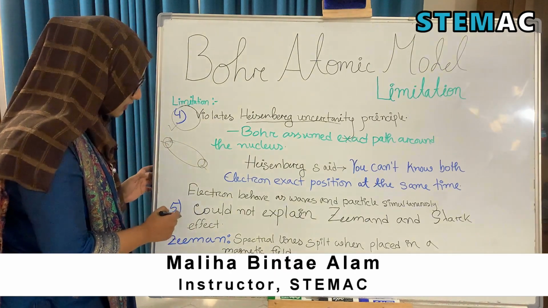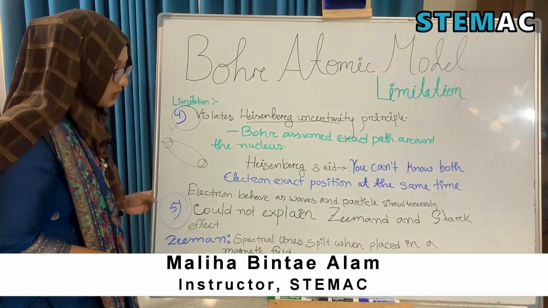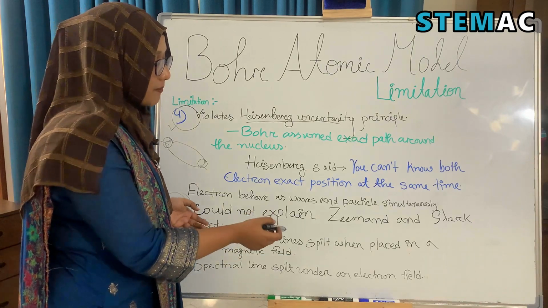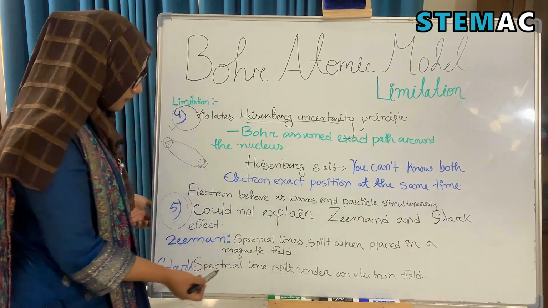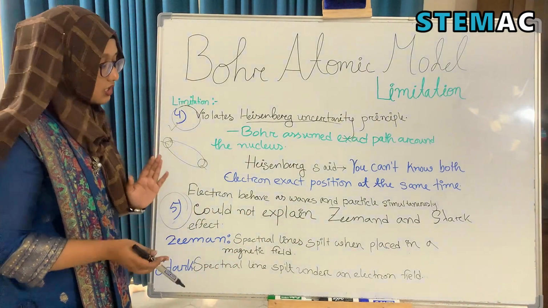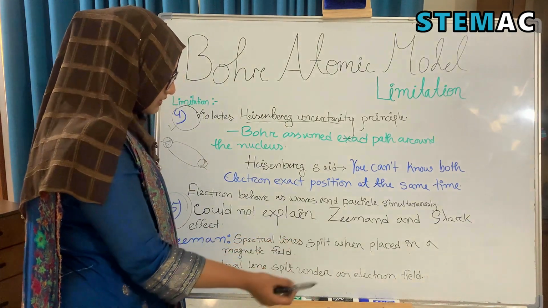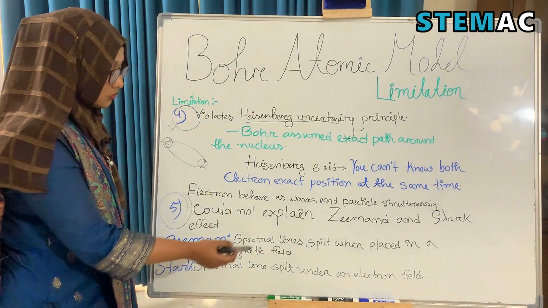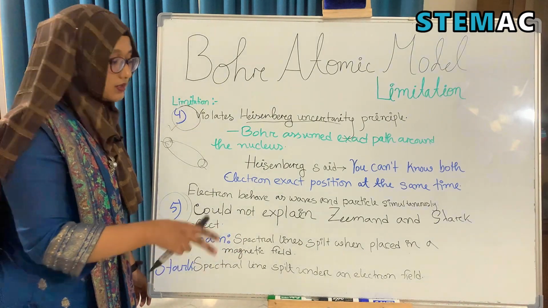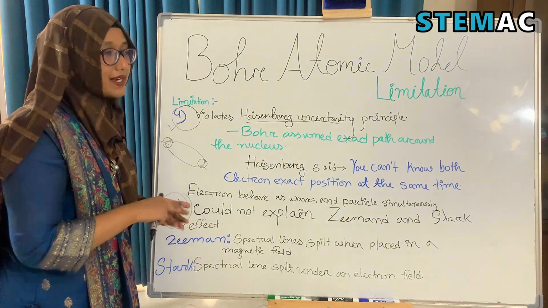Lastly, the fifth limitation: it could not explain the Zeeman and Stark effects. What are the Zeeman and Stark effects? In the Zeeman effect, spectral lines split when atoms are placed in a magnetic field.